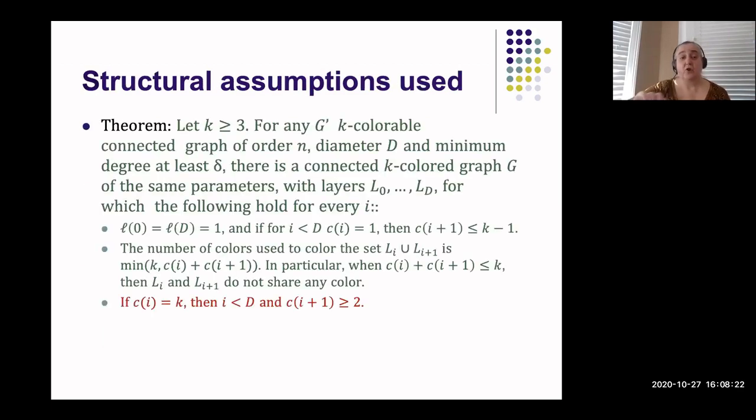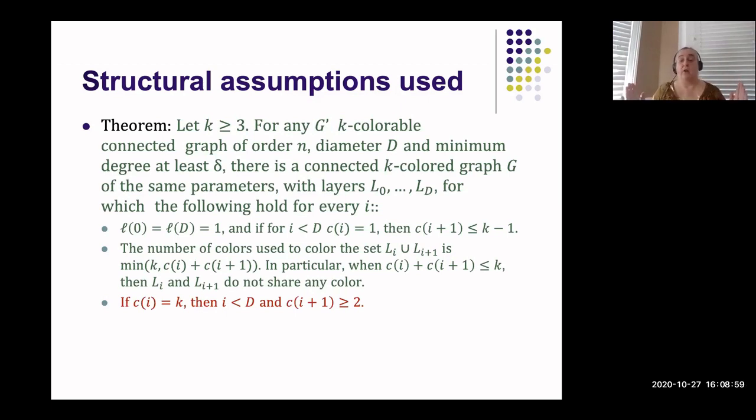So we can show the following. If you take any k-colorable connected graph of order n, diameter d and minimum degree at least delta, there is a connected k-colored graph G of the same parameters where the following is true. The first and the last layer contain a single vertex. If it's not the last layer and you have just one color in a layer, in a distance class, then the next layer contains at most k-1 colors.